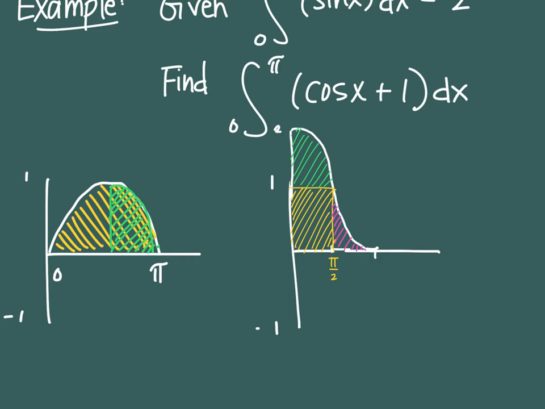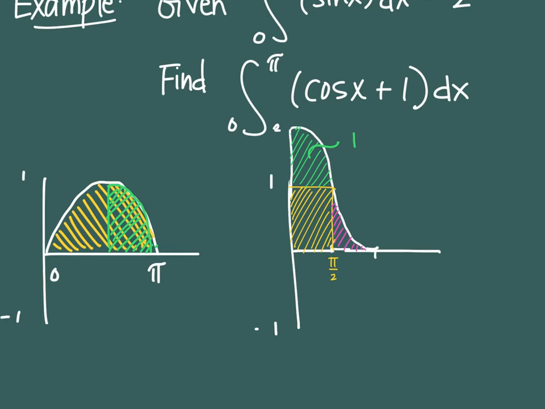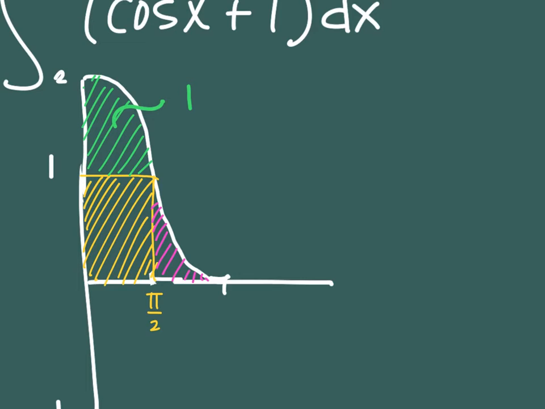Since we know that sine has a total value of 2, then half of it must have a geometric value of 1. So we know that that is 1. Now let's think about the rectangle, the yellow shape. What is the area of that simple rectangle? Base times height, right? So the area of that is pi over 2.